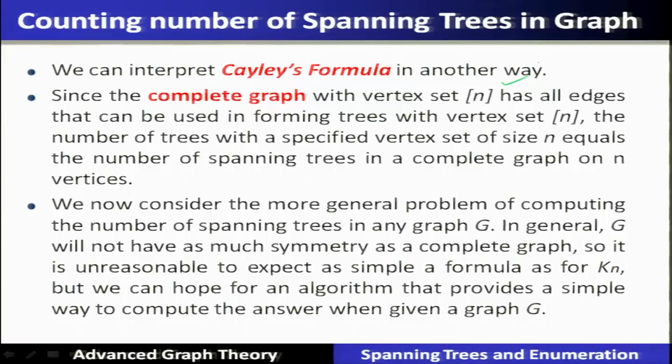Now, consider the more general problem of computing the number of spanning trees in a graph. In general, G will not have as much symmetry as a complete graph, so it is unreasonable to expect a simple formula as for Kn, but we hope for an algorithm that provides a simple way to compute the answer when a graph G is given.